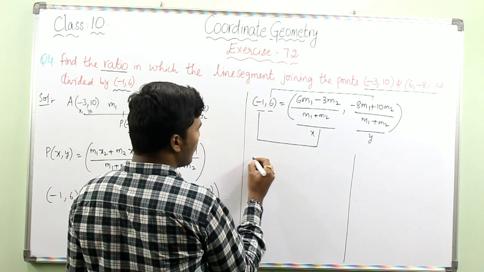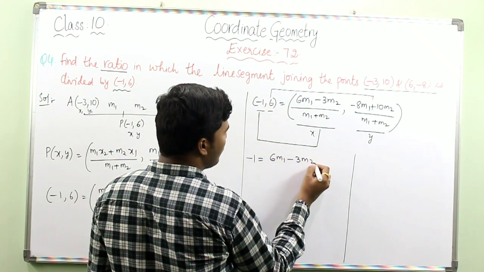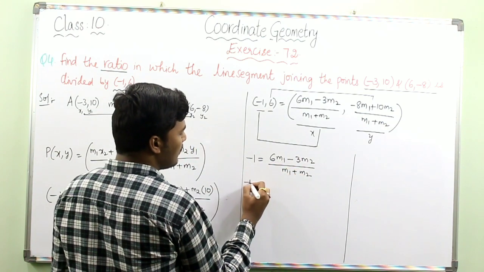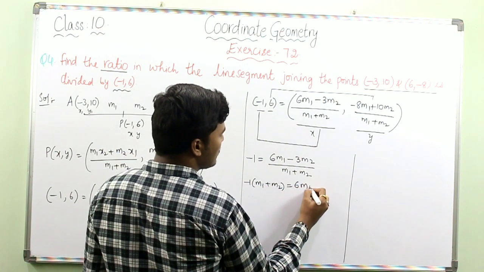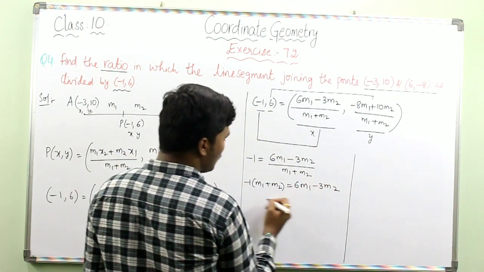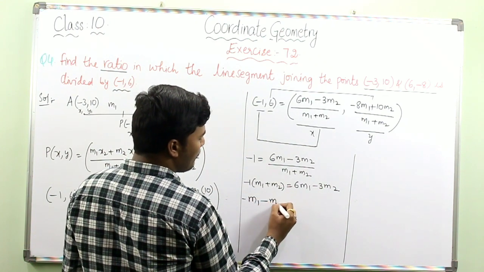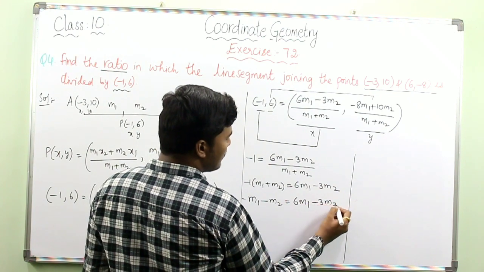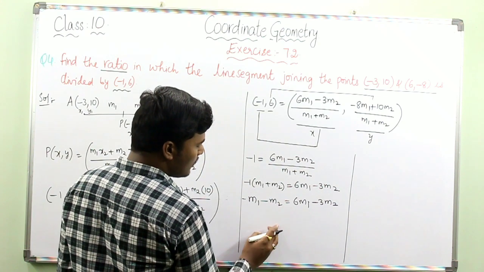Then it will become minus 1 is equals to 6m1 minus 3m2 by m1 plus m2. So now shift it here, minus 1 into m1 plus m2 is equals to 6m1 minus 3m2. So when you multiply with minus, it will become minus m1 minus m2 is equals to 6m1 minus 3m2. Get m1 terms one side, m2 terms one side.